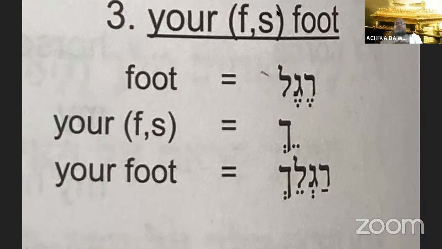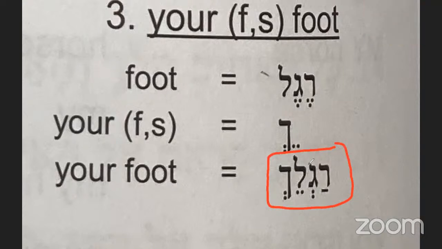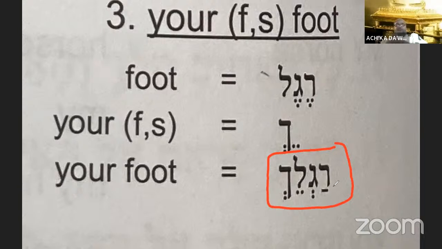But who does the foot belong to? It's feminine, a woman, female. So how would I say, I put that ending on the puzzle. So how would I say your foot when I'm talking to a woman? Is it Regelka? So here you go.